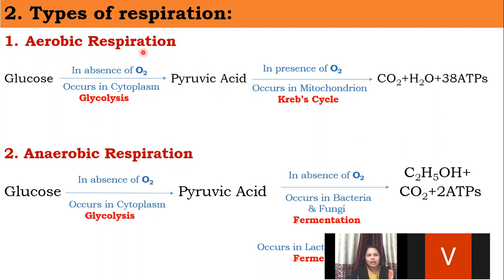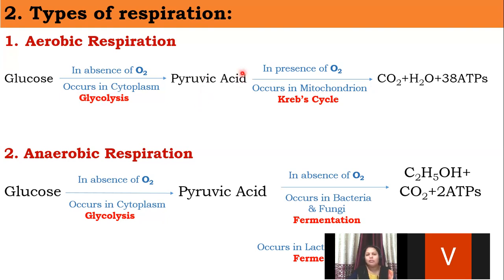But the next step in case of aerobic respiration, in which the pyruvic acid is decarboxylated to give rise to carbon dioxide and water along with the energy-rich molecule ATP occurs in presence of oxygen. Clear? So the next step in this respiratory pathway occurs in presence of O2 and that's why it is termed as aerobic respiration.